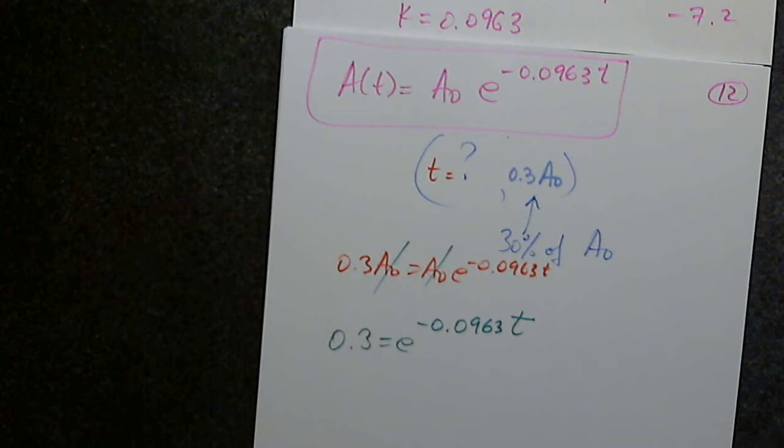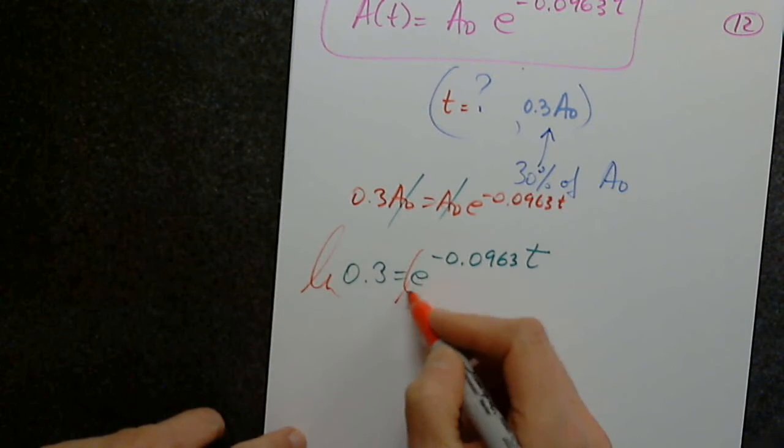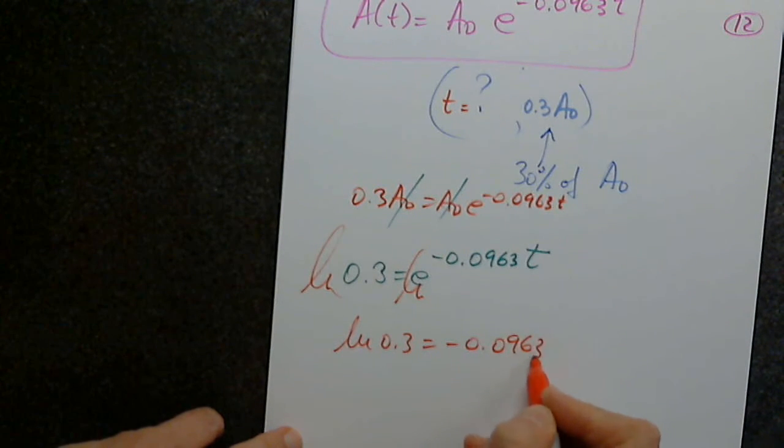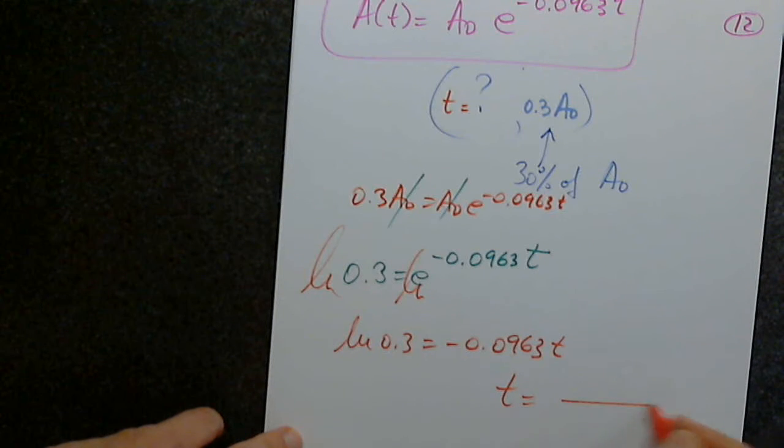It took 7 days to get to half. But I want it much lower, to 30%, so it has to be more than 7 days. Very good. So natural log 0.3 equals negative 0.0963t. So then t must be natural log 0.3 over negative 0.0963.